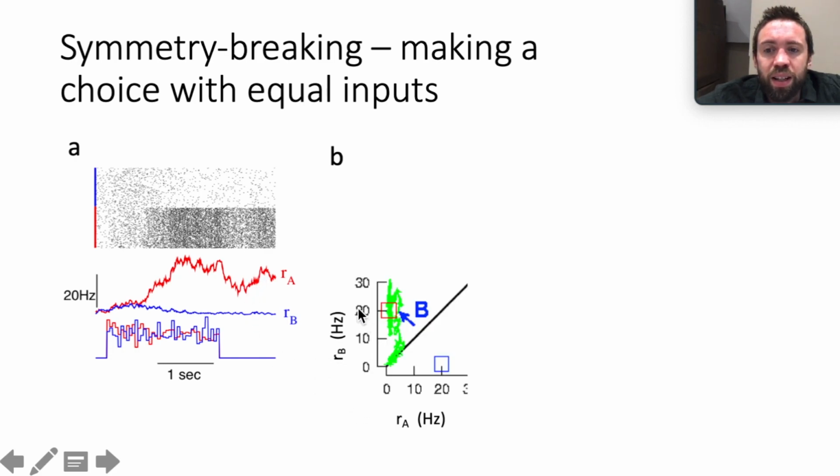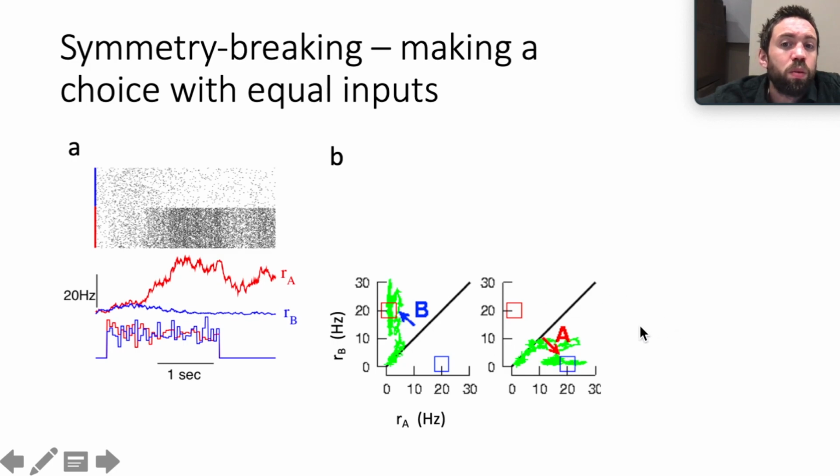Now what we can see here is if we plot activity of population RA on the x-axis and RB on the y-axis, we see that every time in the trial when there's zero coherence, initially activity moves along this line, which represents even level of activity between both populations, but gradually it moves off this center line towards activity dominating in one of the two directions.